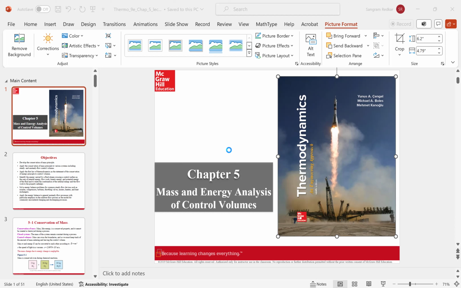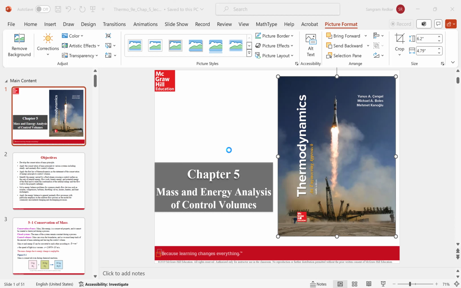Yeah. So next thing is, how do we do the energy analysis of the steady flow system? Same example: you have the mass coming in, mass going out, and you have some heat coming in, some heat going out.